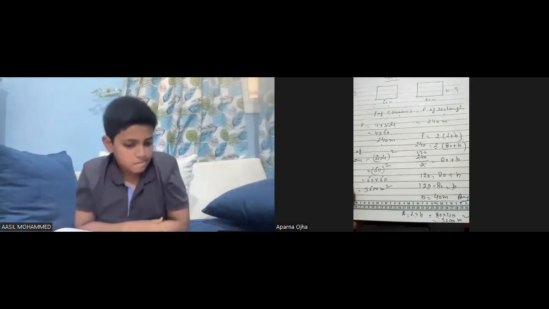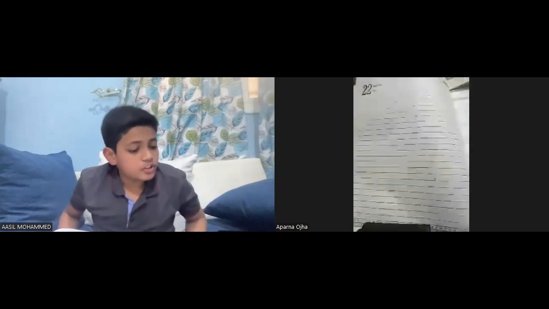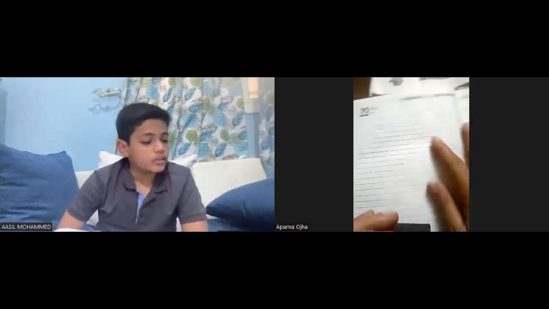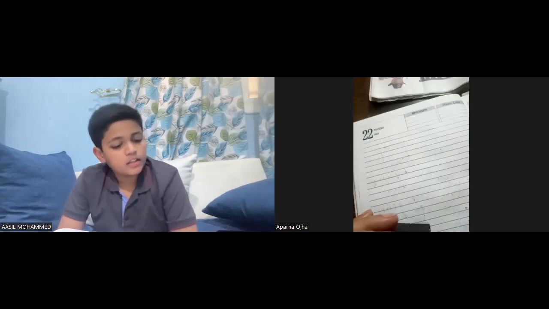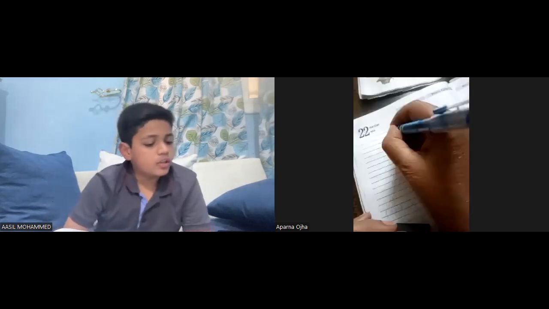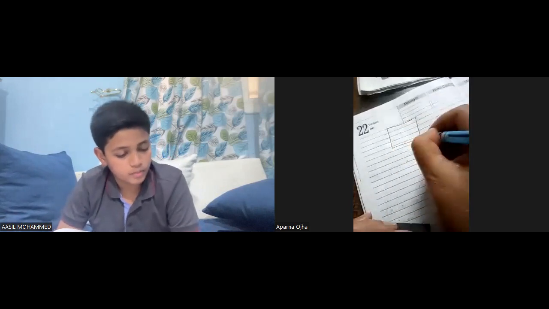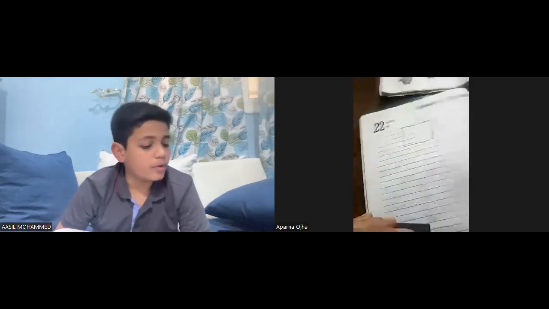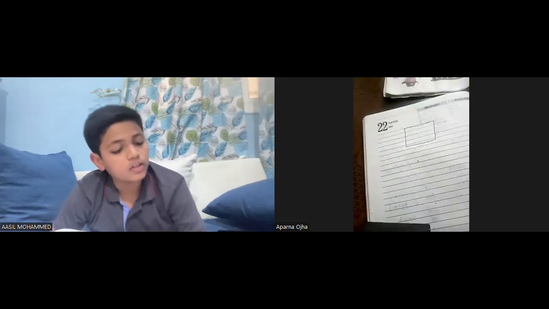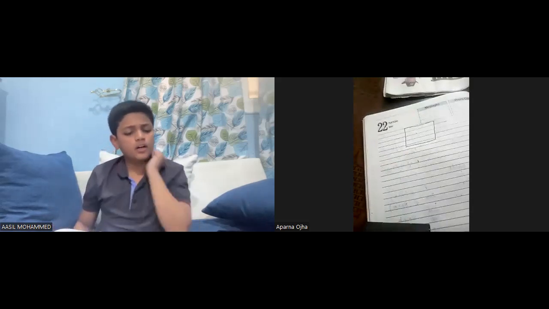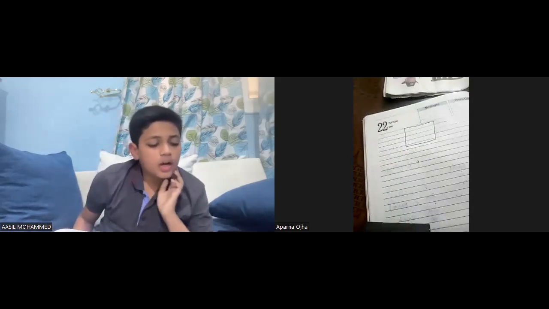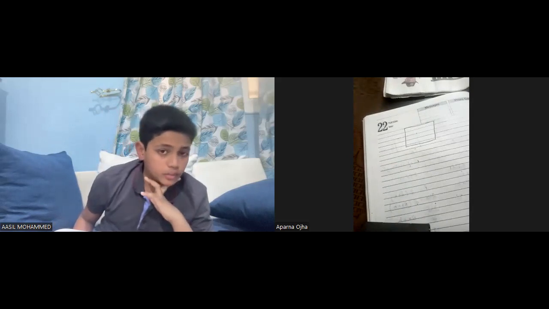Okay. Now read the question number 2. Mrs. Kaushik has a square plot with measurement as shown in the figure. She wants to construct a house in the middle of the plot. A garden is developed around the house. Find the total cost of developing a garden around the house at the rate of 50 per meter square.